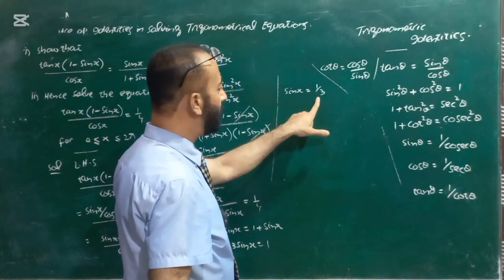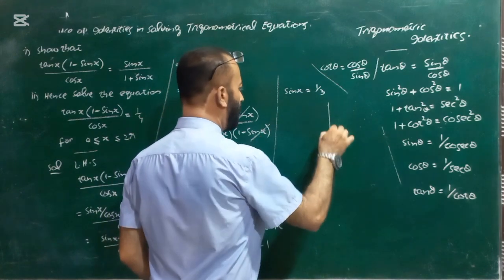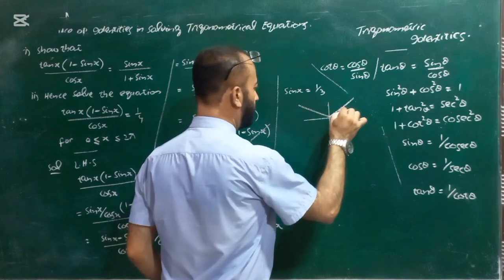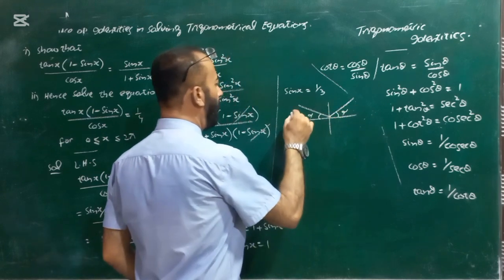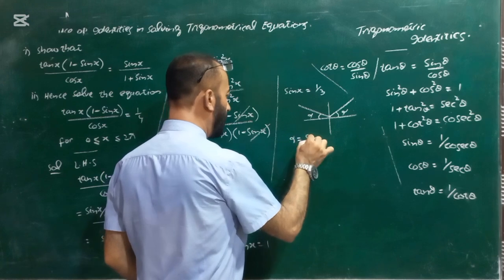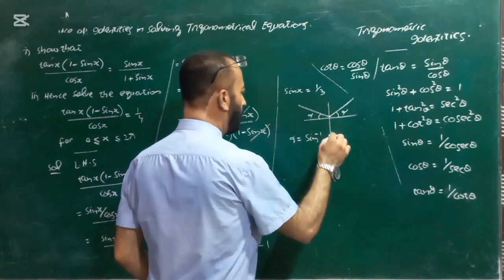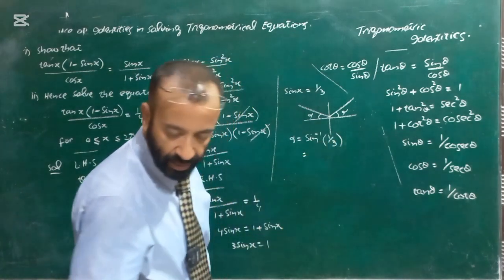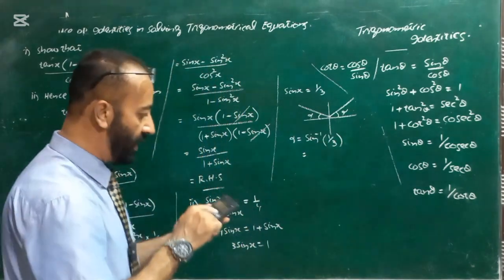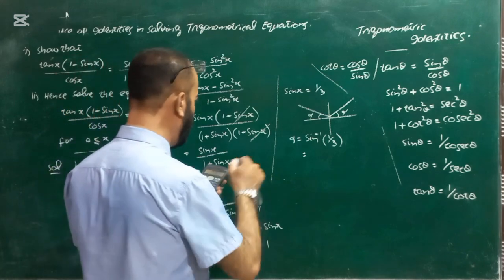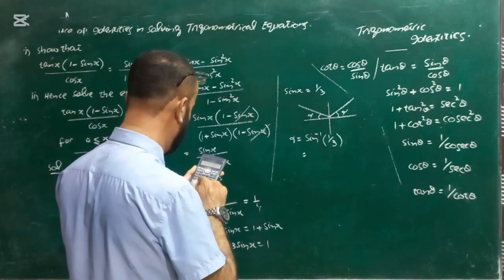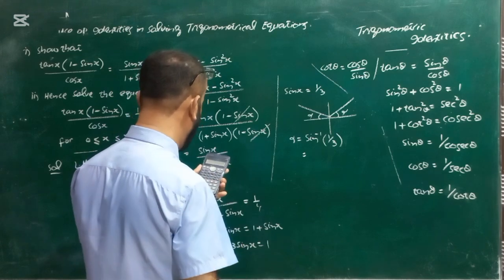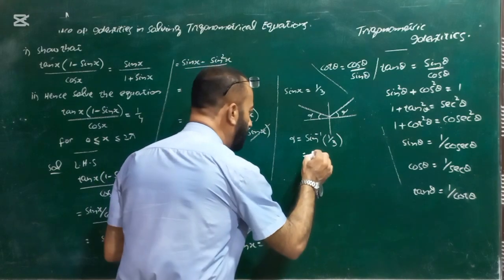So sine's value is positive, and sine is positive in the first and second quadrant, and alpha will be equal to sin inverse 1 by 3. First, change your calculator into radian mode and then find sin inverse 1 by 3. That is 0.34.